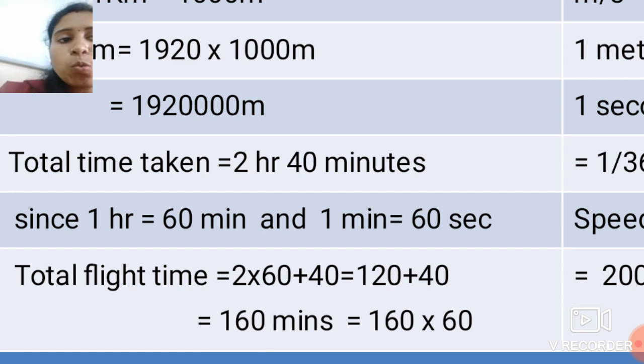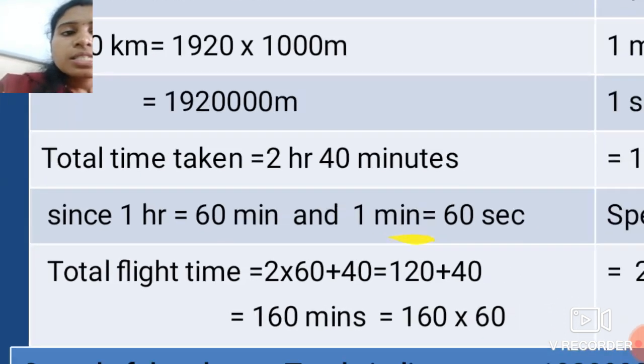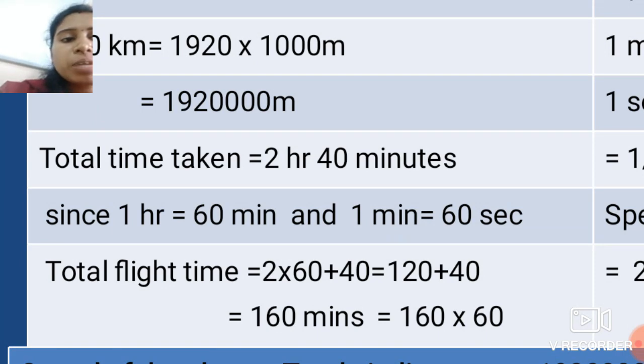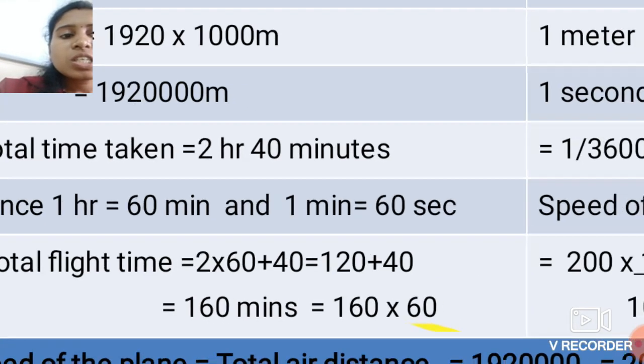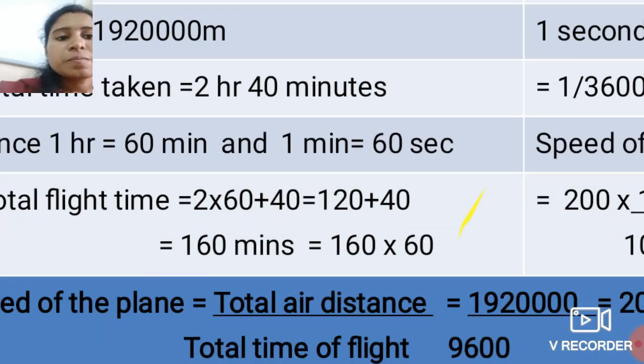But we know that 1 minute is equal to 60 seconds. So we multiply this 160 into 60.